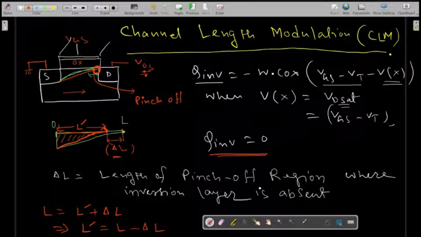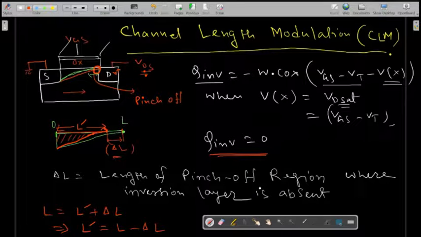When you apply a drain voltage greater than VGS minus VT, the MOS enters the saturation region. As a result, pinch off takes place at the drain side, and the channel gradually shifts towards the source end. You know that this one is N plus doping, and this is a P-type substrate, for NMOS.